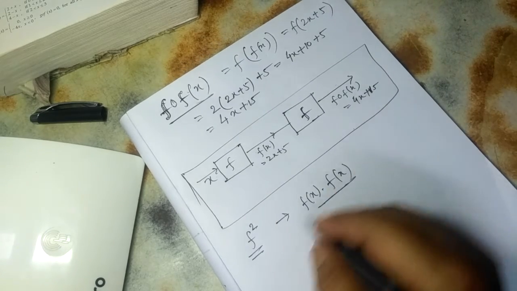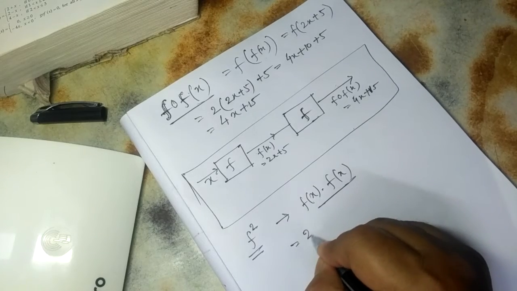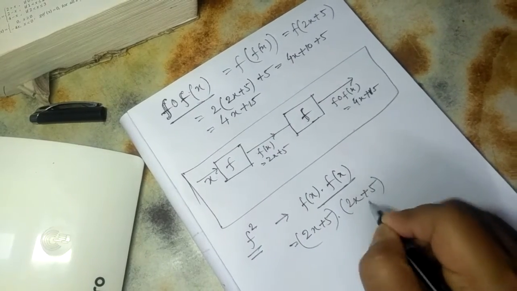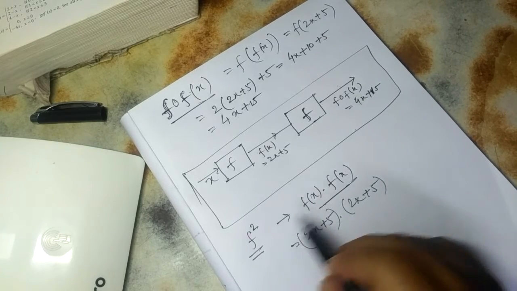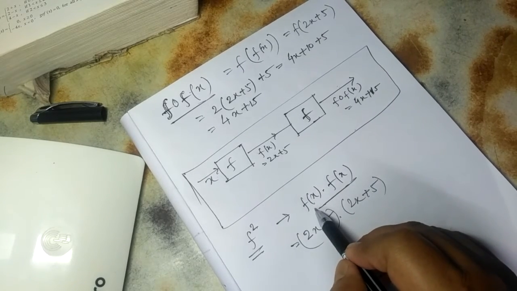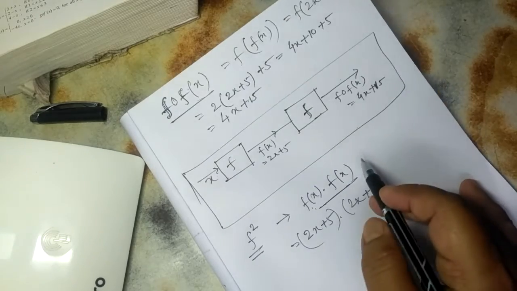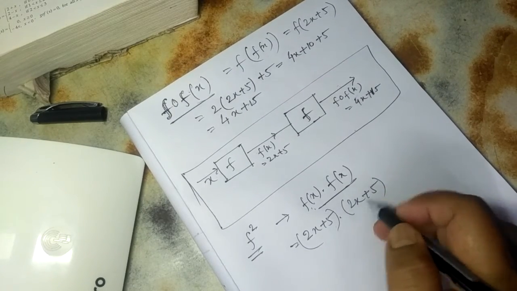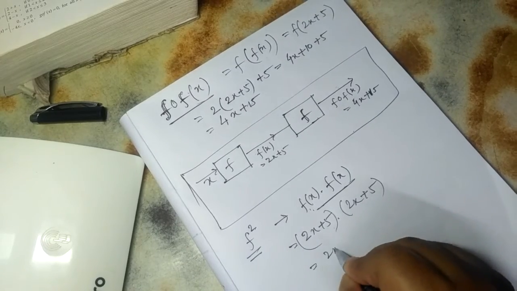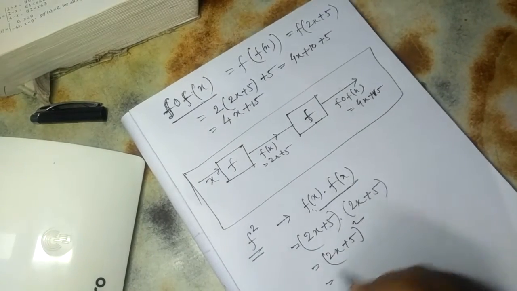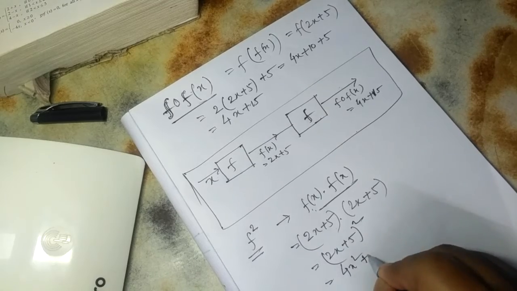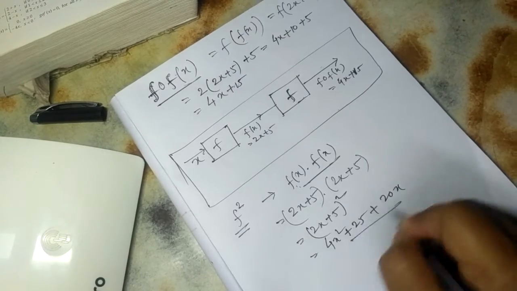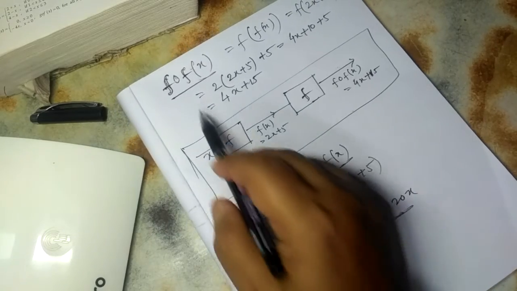So f(x) into f(x) means 2x plus 5 into 2x plus 5. It is not the case that the output of f is taken as input of the next function f. It is simply the product of the two functions. So it is going to be (2x plus 5) whole square, that is 4x square plus 25 plus 20x. So f square is different from f o f (x).